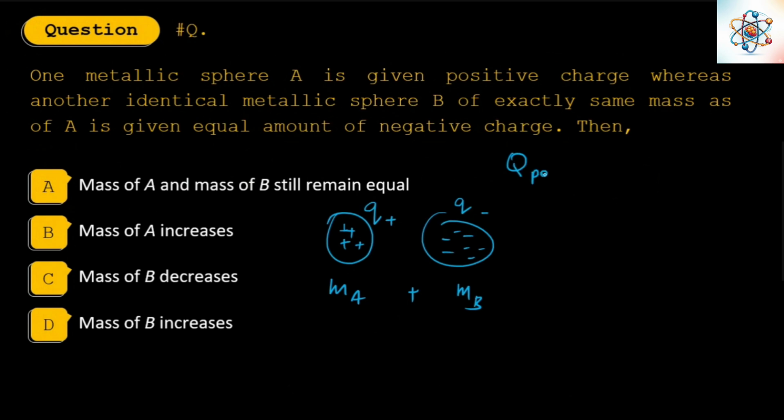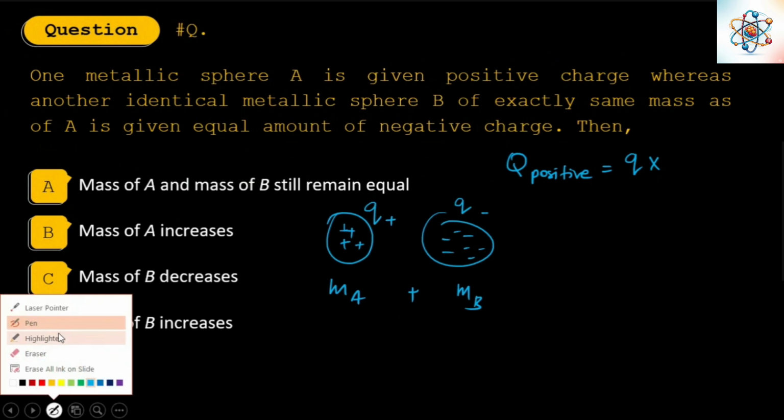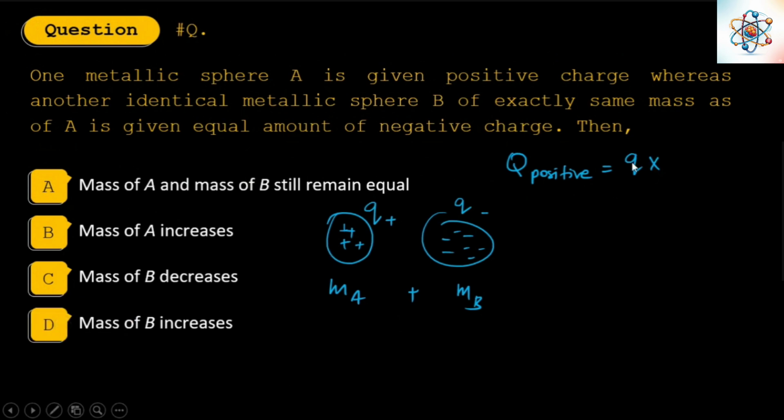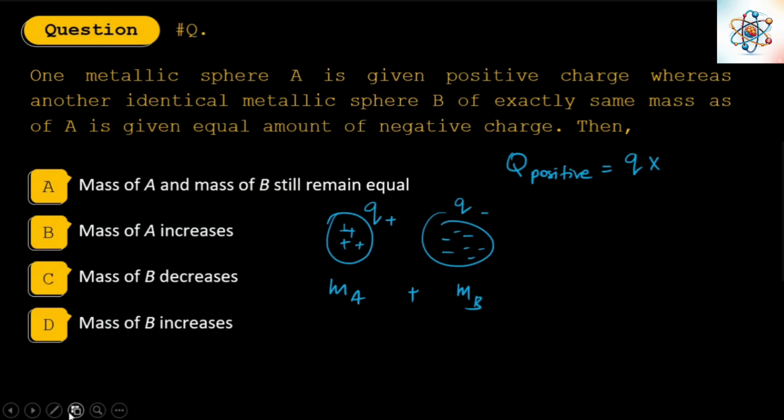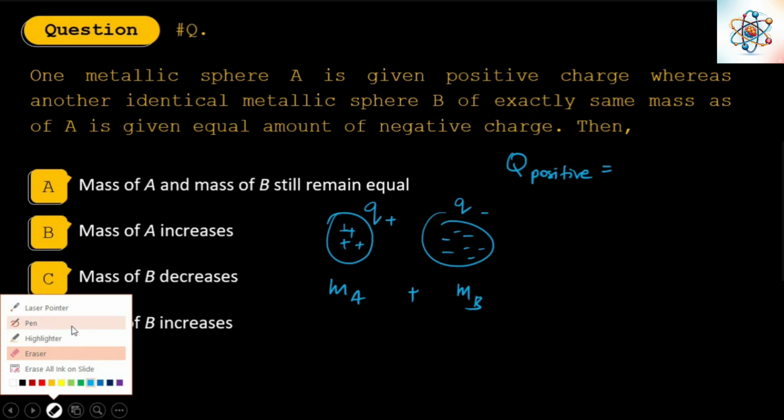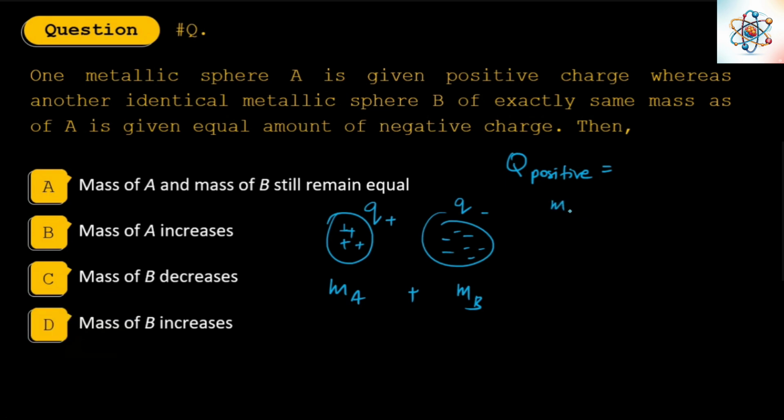The total positive charge is supposed to be Q times that number of times. Let us see the mass of an electron and the mass of a proton once again.